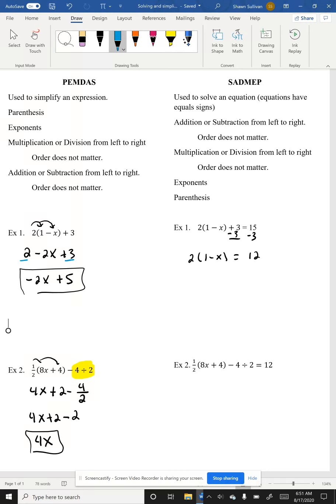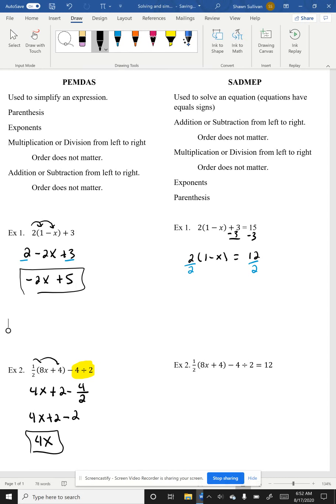So we'd move straight to multiplication or division from left to right. And this 2 is multiplying into our parentheses. At this point, we can go two ways with this. We could distribute our 2 through here, but I'm going to divide both sides by 2. And so we're undoing this multiplication, and to undo multiplication, we divide.